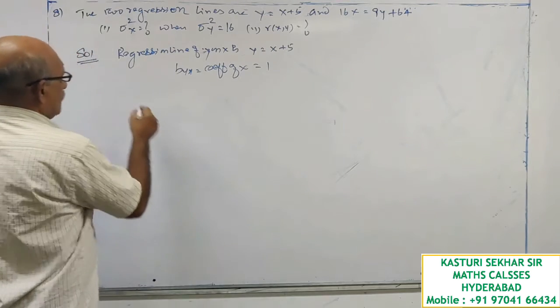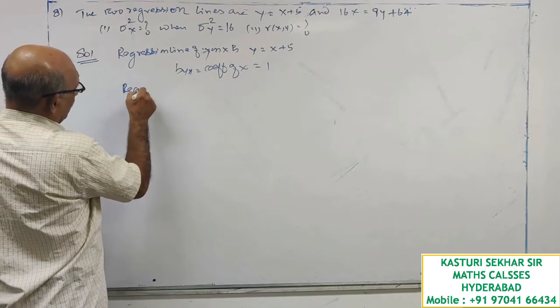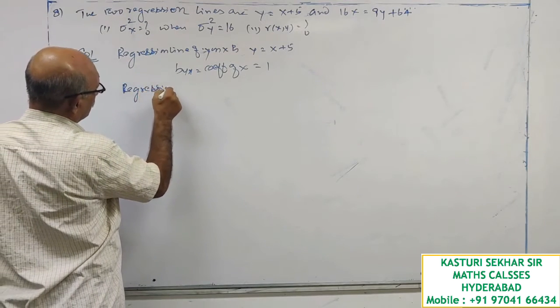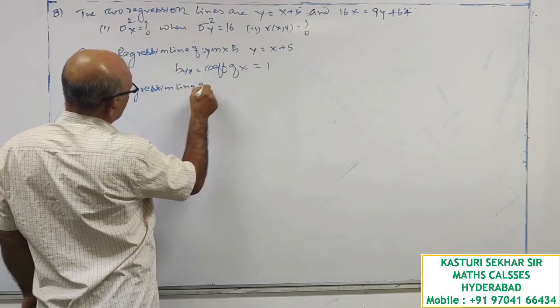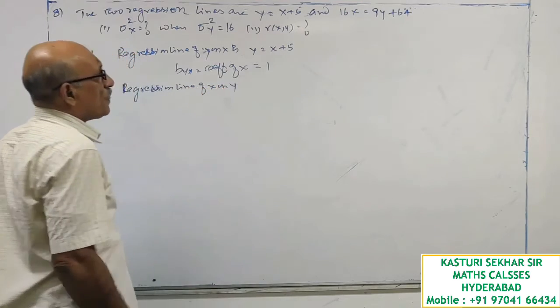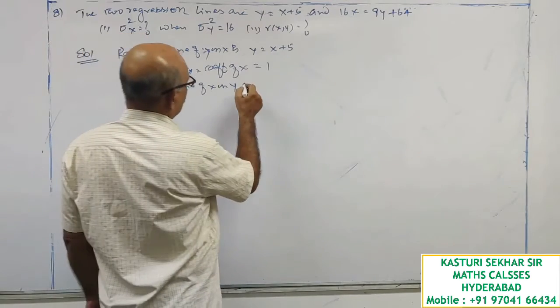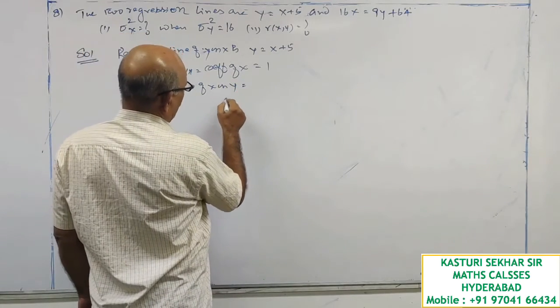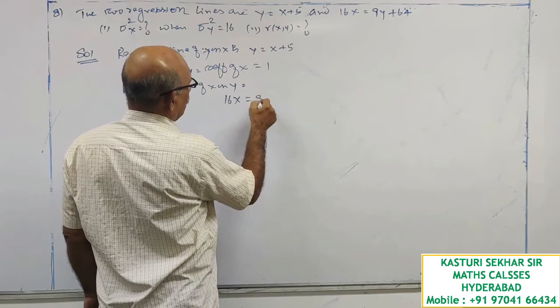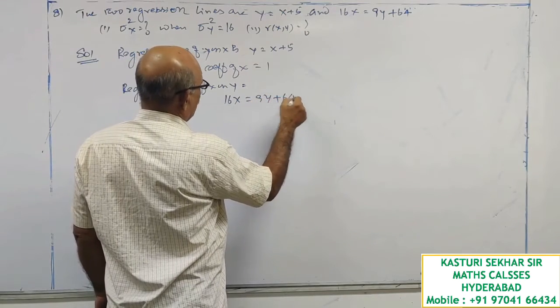Now the regression line of x on y is given as 16x is equal to 9y plus 64.